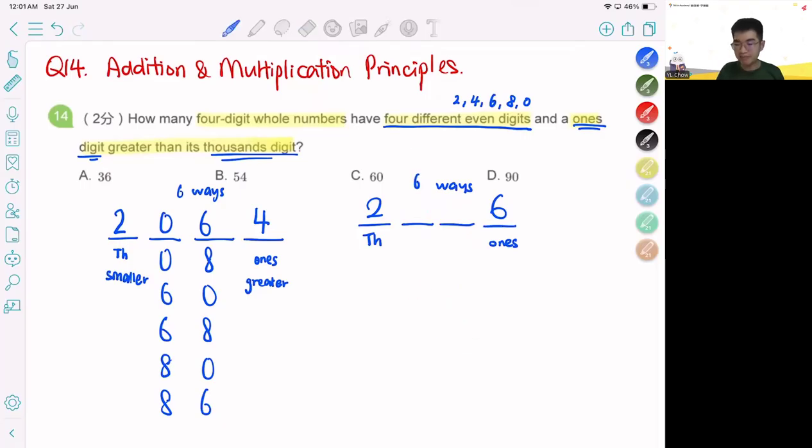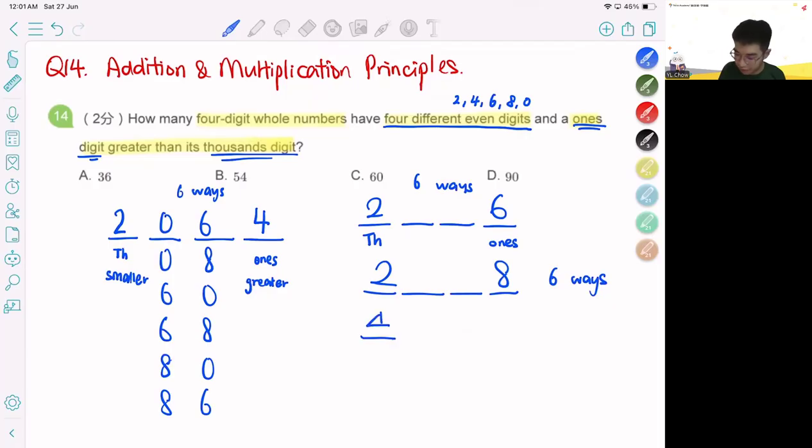So what is left is to find out how many ways we can choose the thousands and the ones digit. Just now we did 2 something something 4, 2 something something 6. We can also choose 2 something something 8, and that gives me another 6 ways. But that doesn't mean your thousands digit has to be 2.